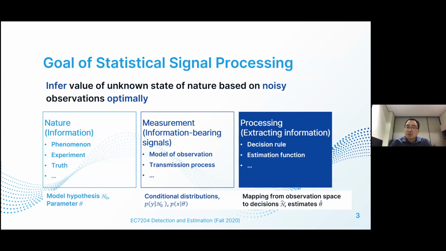So there are information-bearing signals, the measurements, and those typically follow some sort of conditional distribution. Given the state, what will be your observation? Given the parameter, what will be your observation? Statistical signal processing, detection and estimation, processes these information-bearing signals to extract information in an optimal way. We can estimate the parameter, and we can make decisions whether it is state 0 or state 1.